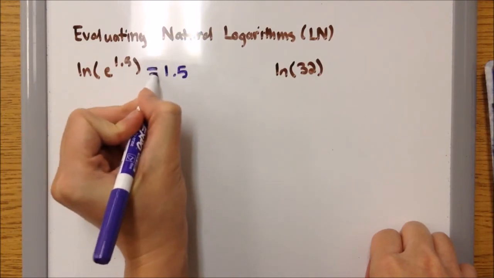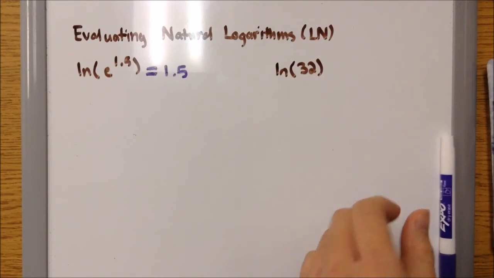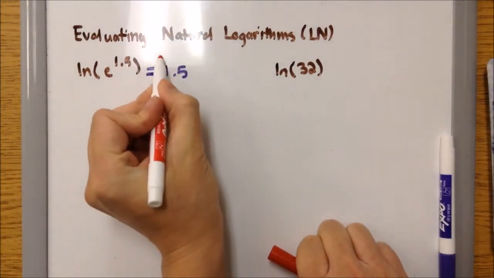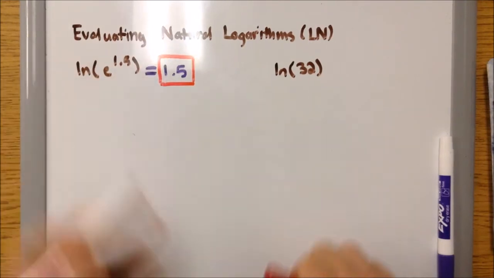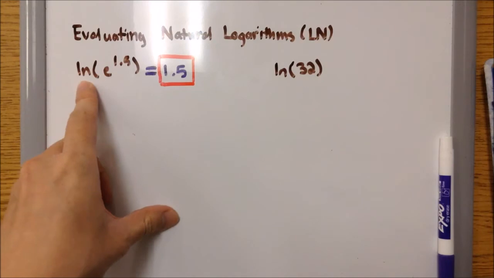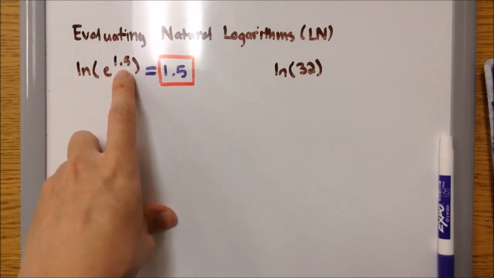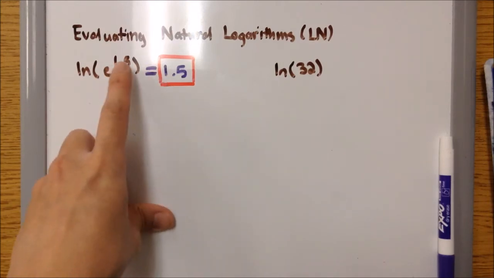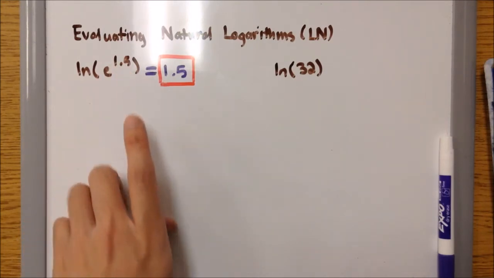That's our answer. Simple as that. Let me box that up for y'all. Again, whenever we have ln of e to the power of 2.6, it'd be 2.6. If it was ln of e to the 3.7, then it'd just be 3.7.